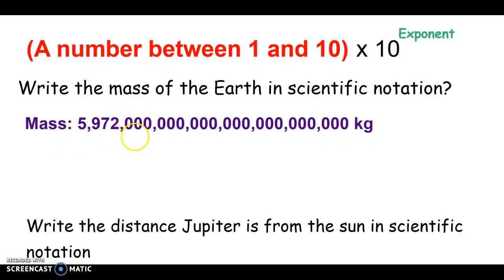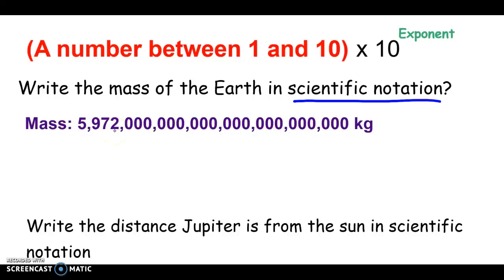So here is a really big number. This is the mass of the Earth. We want to write it in scientific notation because heaven knows we don't want to worry about all those zeros. So what we need is a number between 1 and 10. When I look at 5, whatever, 972, the first number that's between 1 and 10 is 5.